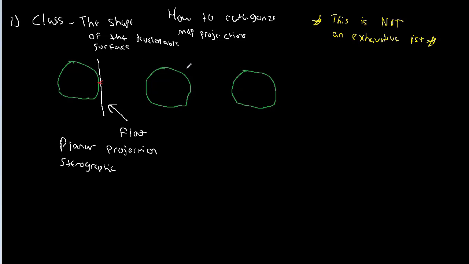So instead of it being like this, instead what we do is we wrap it up like this, with the reference globe inside of a cylinder. So the developable surface forms a cylinder around the reference globe. So this is a cylinder. We call this a cylindrical projection.